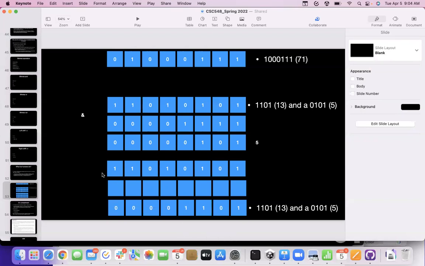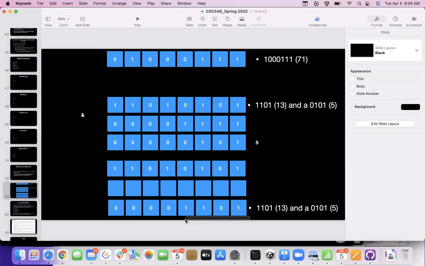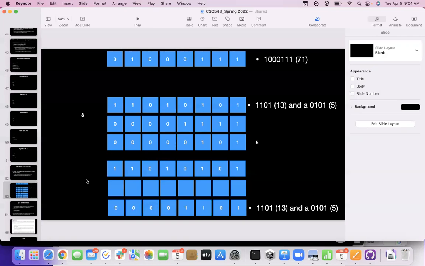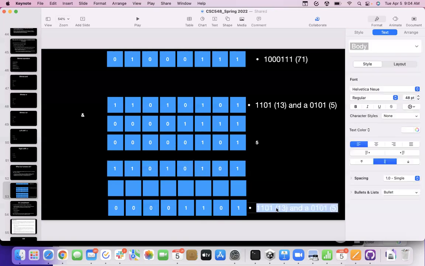Notice here that these 4 bits ultimately will be over here. So what can I do to this guy to be able to read my 13 from it down here? That's what this is. This is 13.